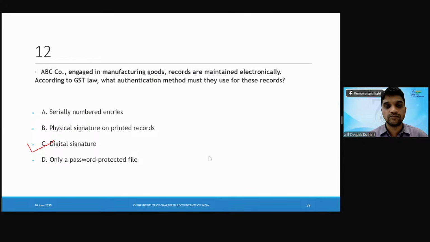Thank you. Yeah, 12th will not be a class of GST.